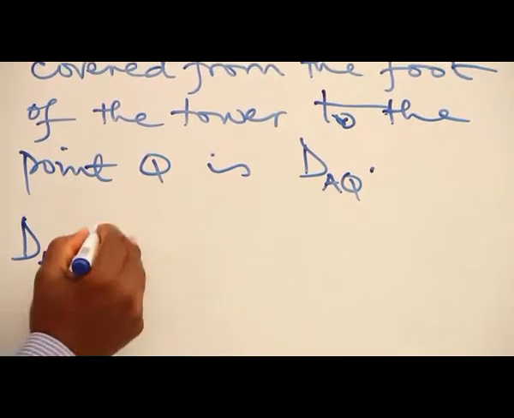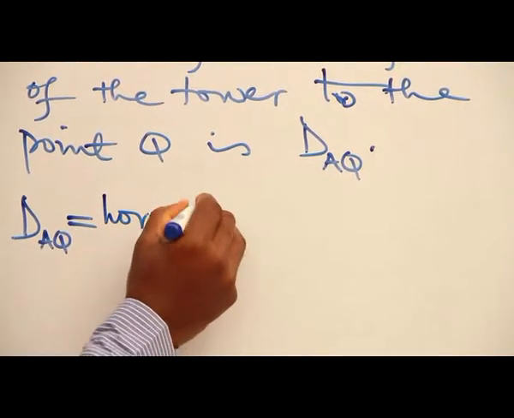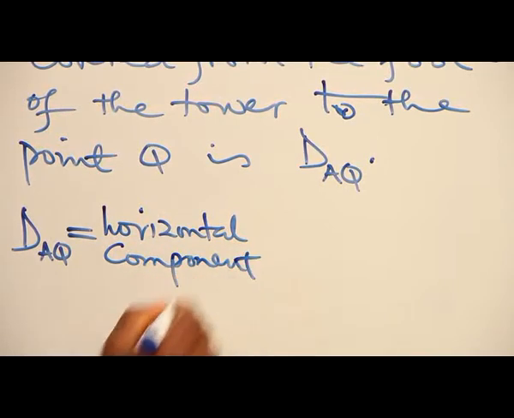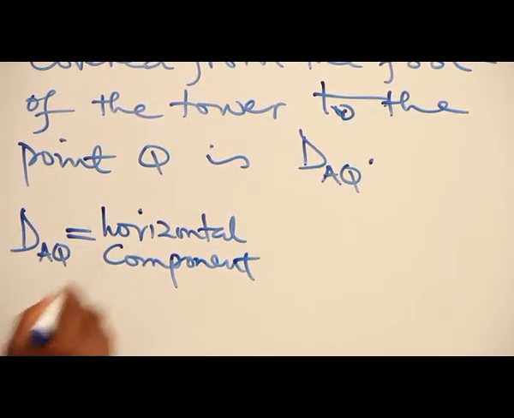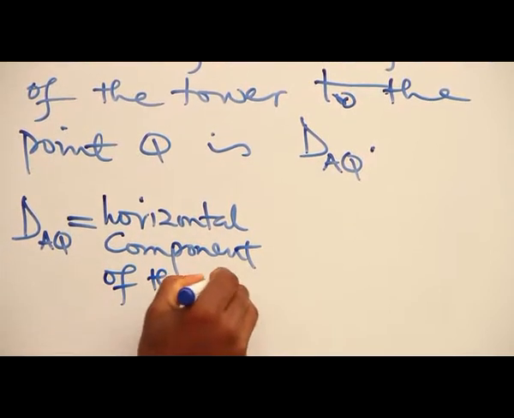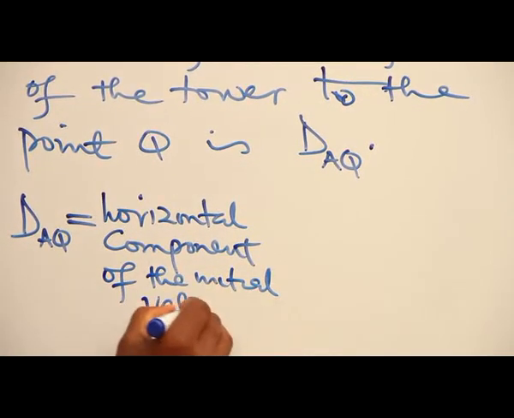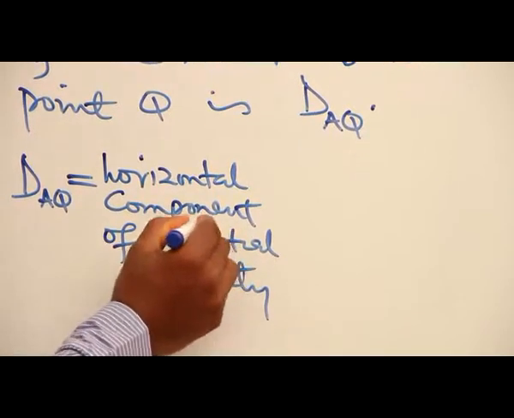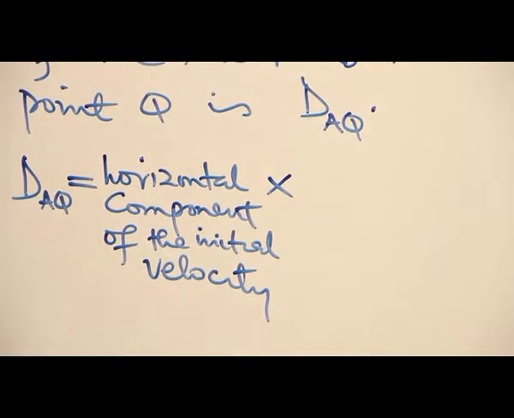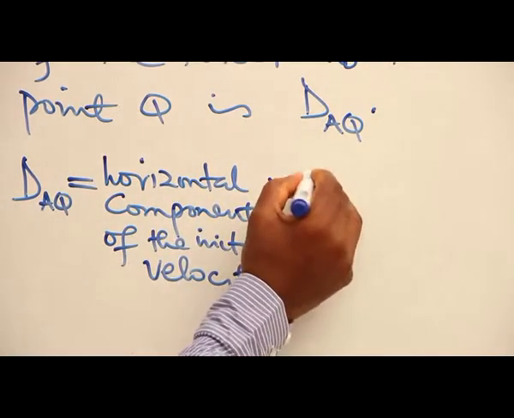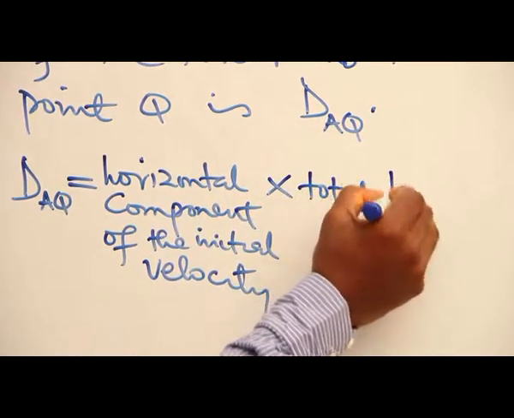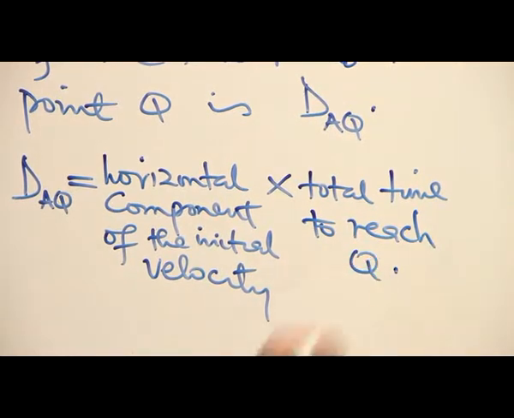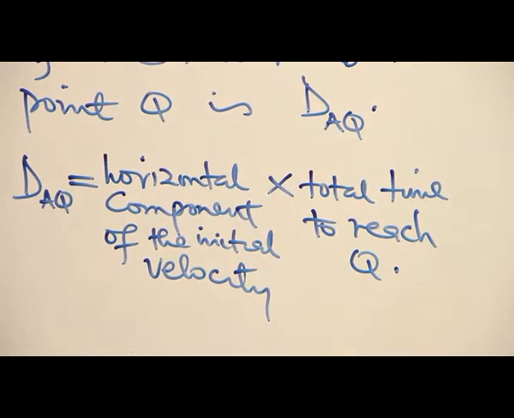The horizontal component of the initial velocity, that's the distance, the horizontal component times the time to reach Q. Total time taken, total time to reach Q from the point of projection.